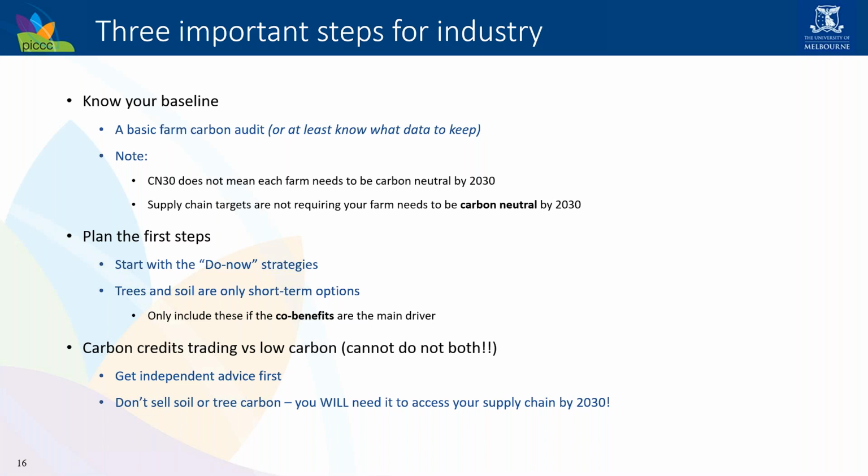So just be wary of that, and especially on the sequestration side, if you have a soil carbon or tree carbon project and you're selling those to someone else who's using them and cancelling them, you are still liable for the permanence of those projects.